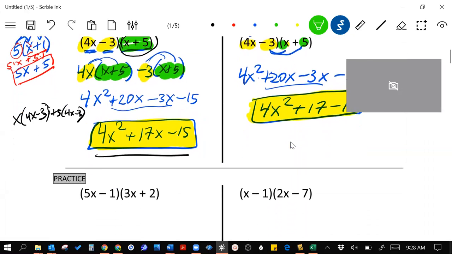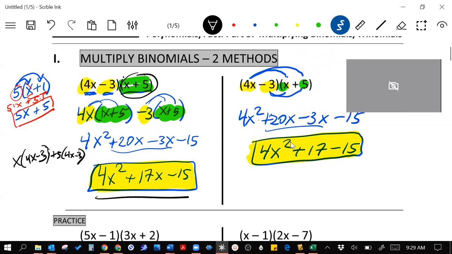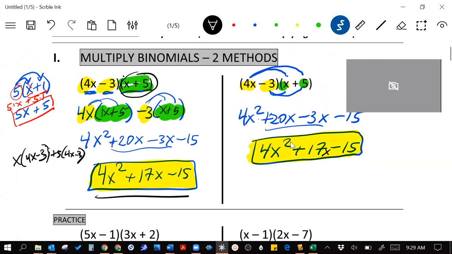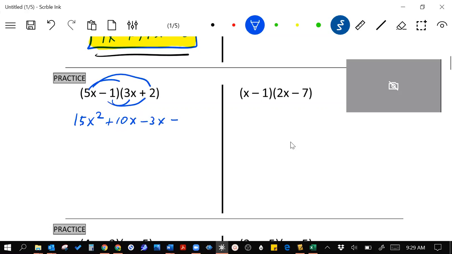Okay, let's do it for these couple here. These are practice ones. I'm going to play with one of them, maybe leave one for you. Oh, yep, thank you. This should be an x there. I forgot to put the x, so watch out for that. It's easy to sometimes forget an x, and I did. All right, so here, 5x times 3x is 15x squared. 5x times 2 is plus 10x, minus 1 times 3x is minus 3x, and minus 1 times 2.